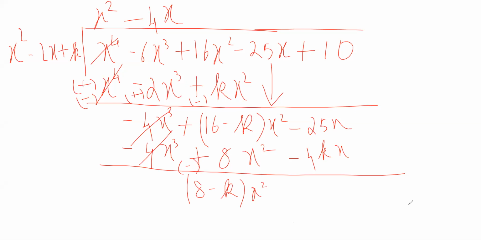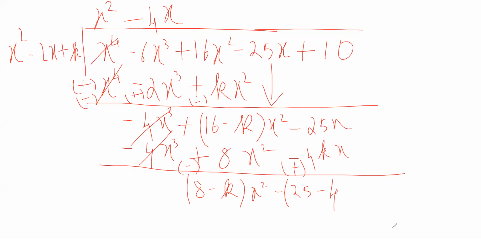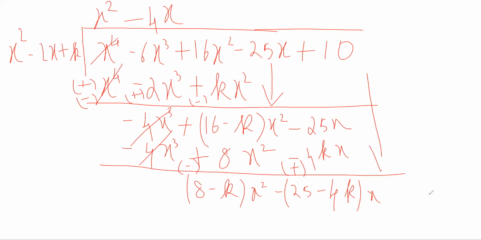And now again, minus 25x plus 4kx, and while subtracting it becomes minus 25 plus 4k x. When you group it, you get the bracket of 25 minus 4k, whole times x, and I'm bringing this plus 10 down.